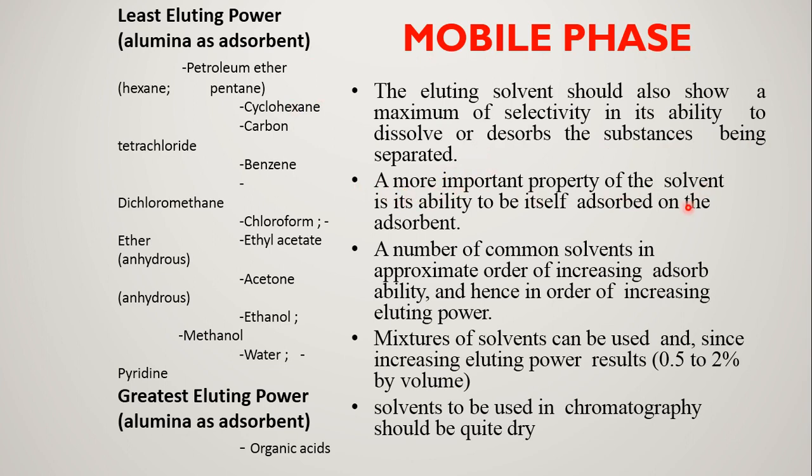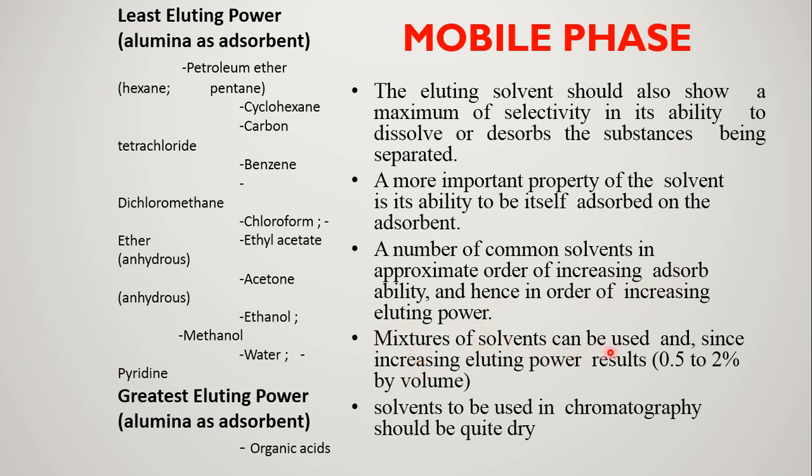A more important property of the solvent is its ability to itself adsorb on the adsorbent. So it is also a property of the mobile phase, but the mobile phase itself should not adsorb on the surface of the stationary phase. The common solvents are listed in approximate order of increasing adsorbability and hence increasing eluting power.